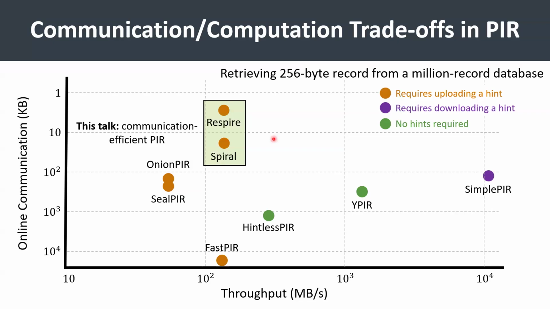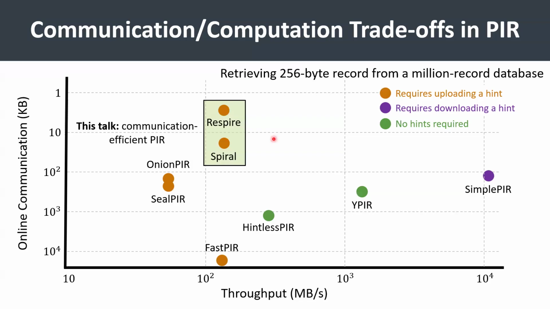So do you think the online communication that the protocols incur has that much relevance at this point, if we are already at kilobytes? Of course, it takes some seconds to download kilobytes, but it's an acceptable size if you want to pay that for extra privacy. It's not prohibitively expensive. So what's your take on that?